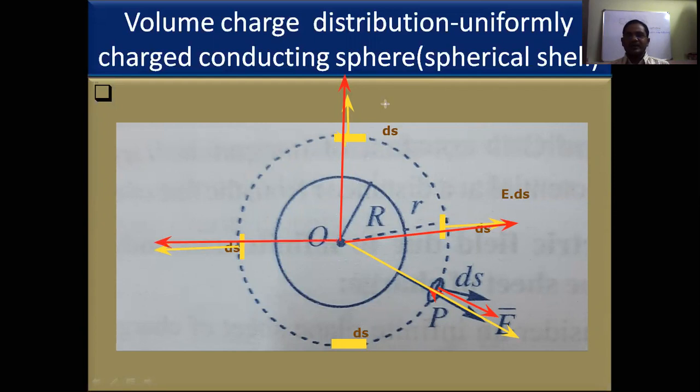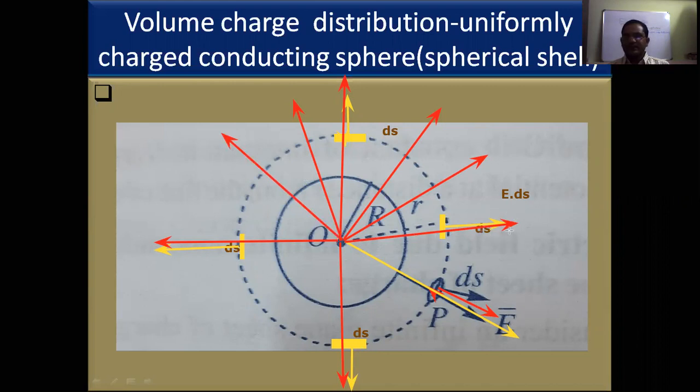So this is the direction of ds bar, and the direction of field strength at this area element is also along ds bar. Similarly, at any point on the spherical surface, E bar will be perpendicular to the surface at that point. E bar direction at every point on the spherical surface will be like this.